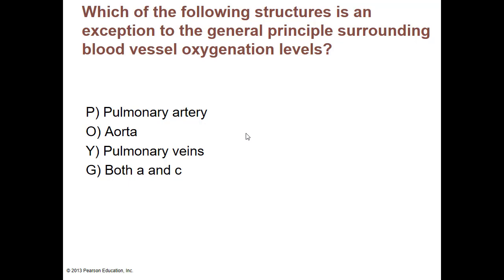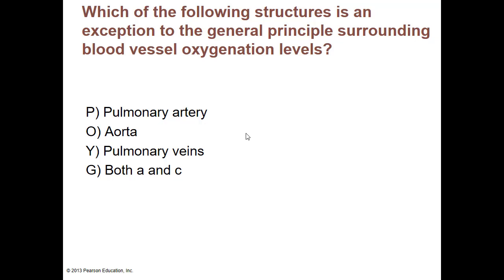And then that oxygenated blood is going to go back into the left atria through the pulmonary veins. Veins carry blood to the heart, and veins usually carry low oxygenated blood, but these pulmonary veins just got back from the lungs, so they have lots of oxygen.